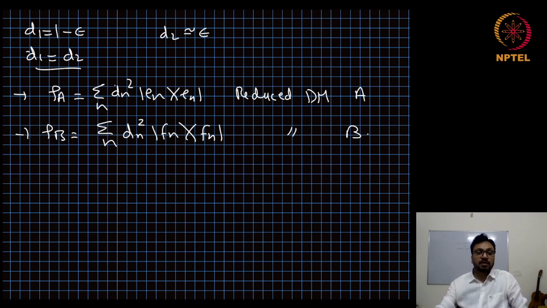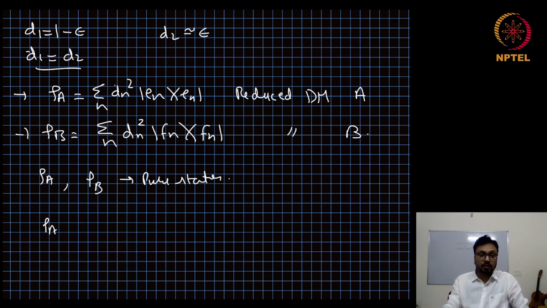Now, from the Schmidt decomposition we made a claim earlier that if psi AB is a separable state, then rho A and rho B will be pure states. If psi is an entangled state, then rho A and rho B will not be pure states.